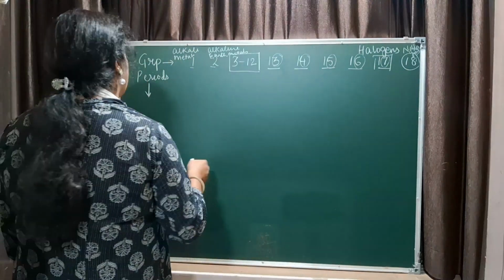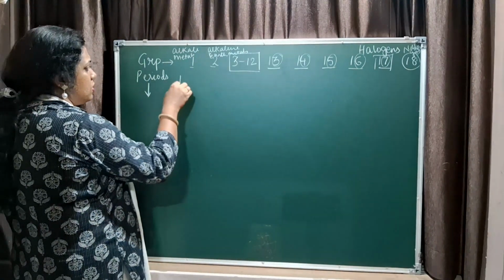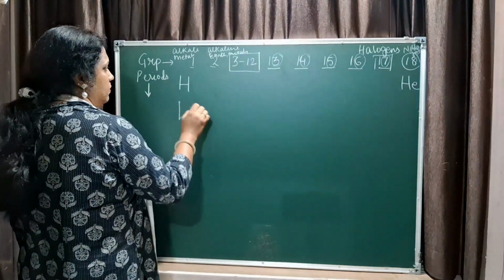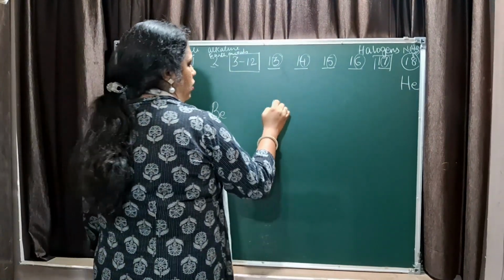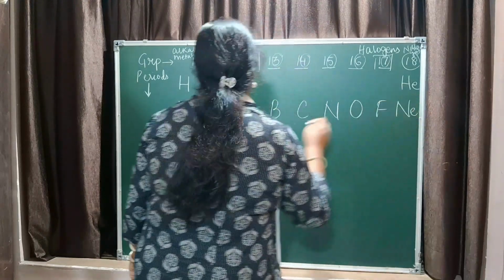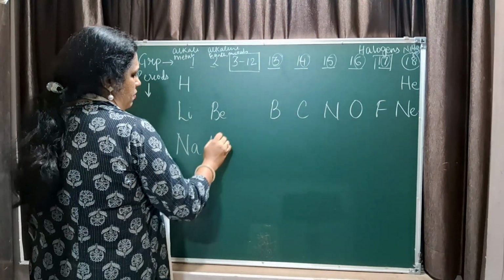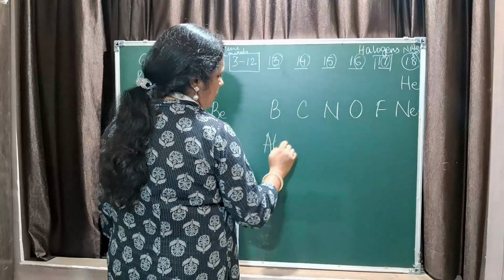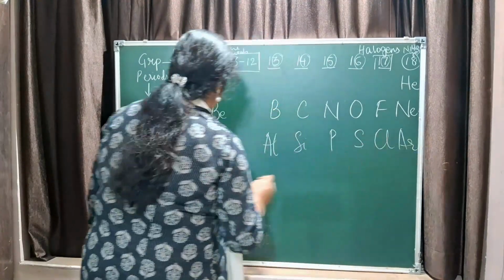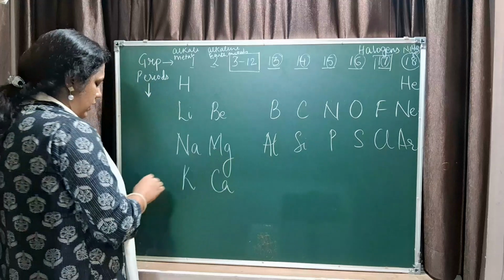So if you remember the periodic table: hydrogen, helium, lithium, beryllium, boron, carbon, nitrogen, oxygen, fluorine, neon. Then you have sodium, magnesium, aluminium, silicon, phosphorus, sulfur, chlorine, argon, potassium and calcium, correct.